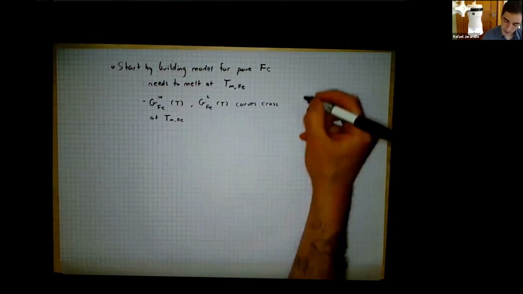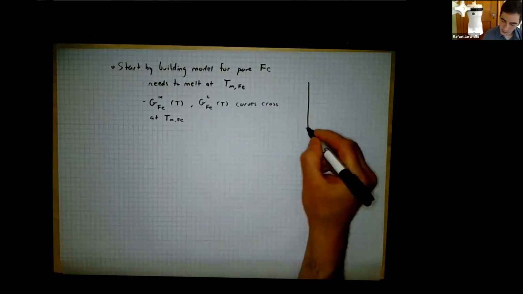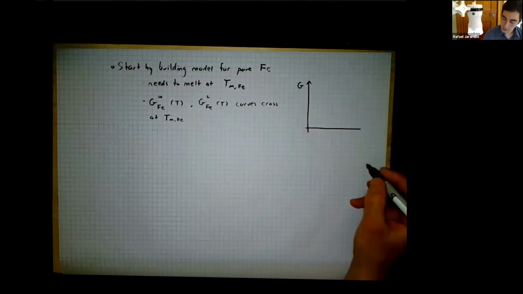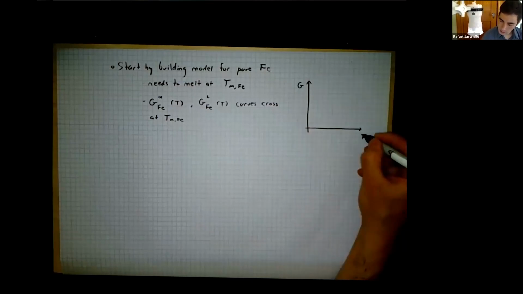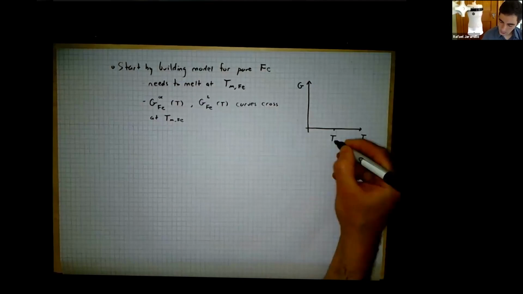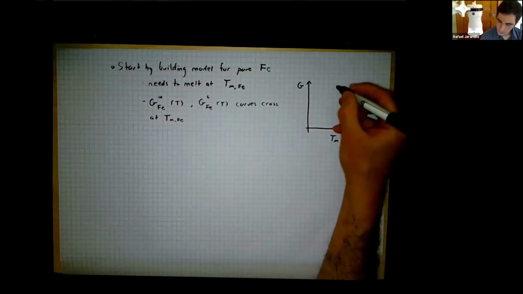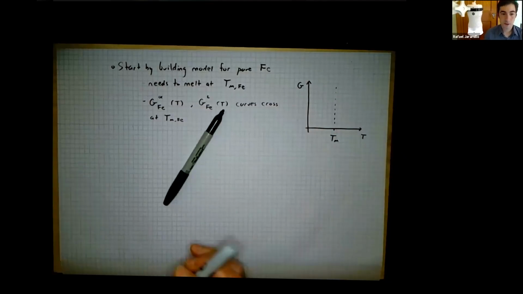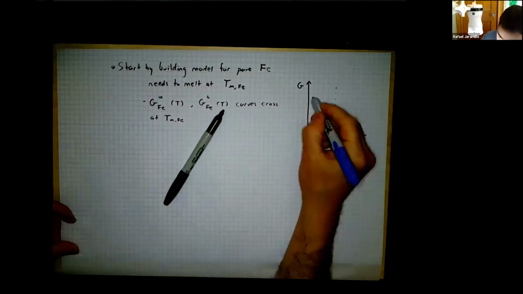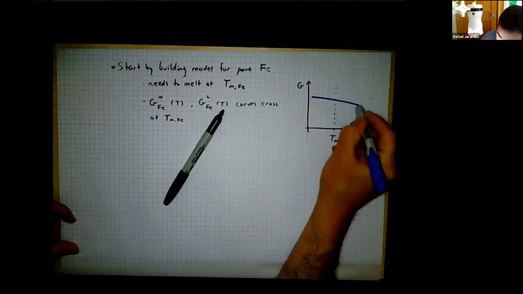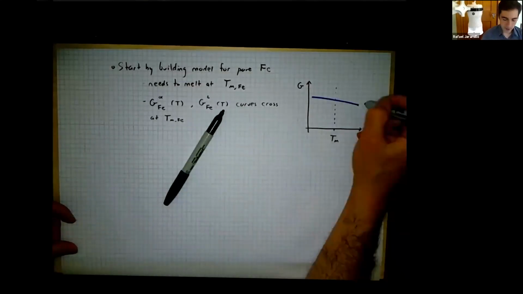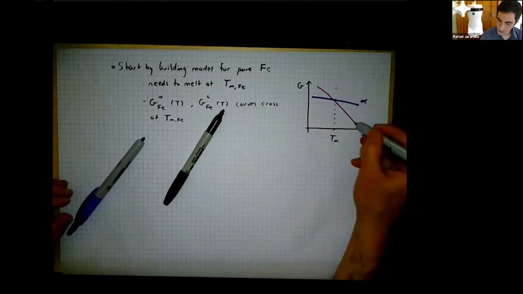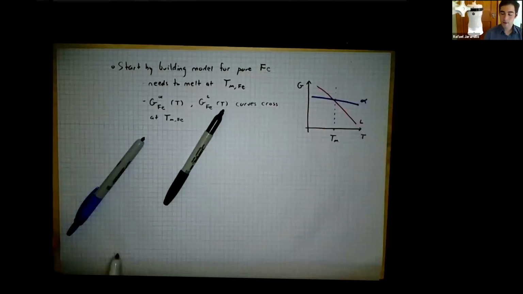So if we have plotted Gibbs free energy versus temperature, and here I have the melting point, and in general, I have something like that for the alpha phase, and that for the liquid phase, where they cross at the melting point.